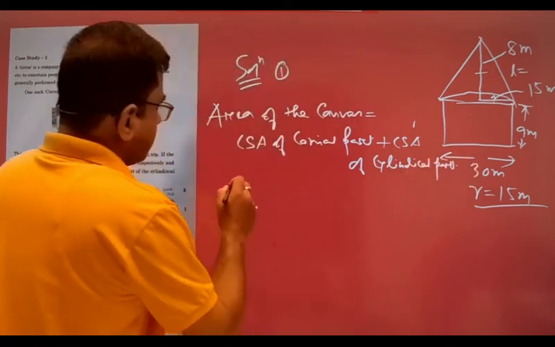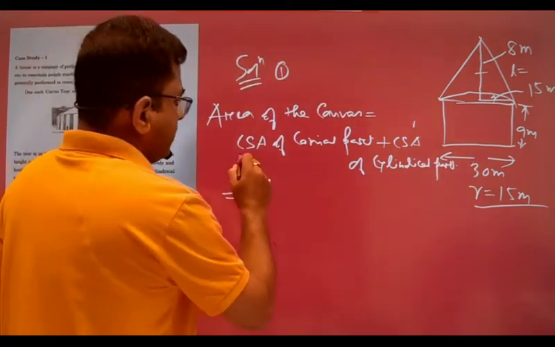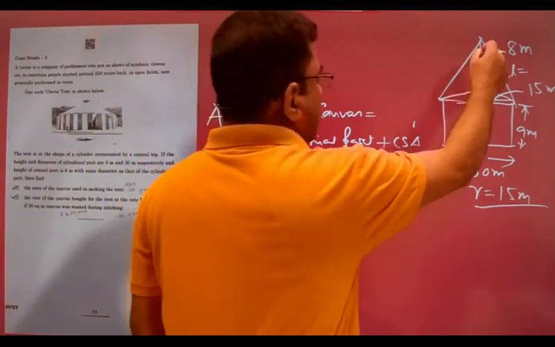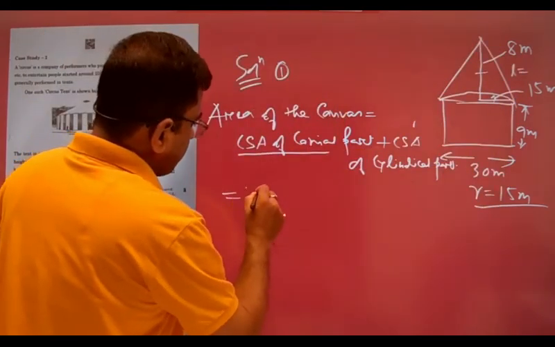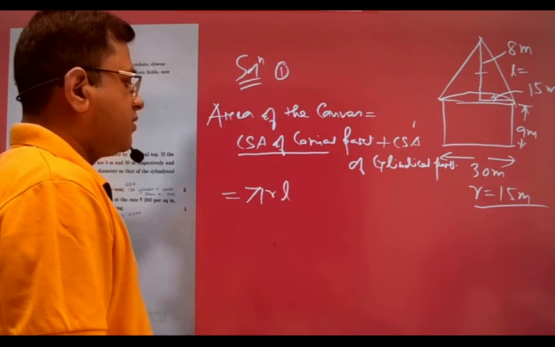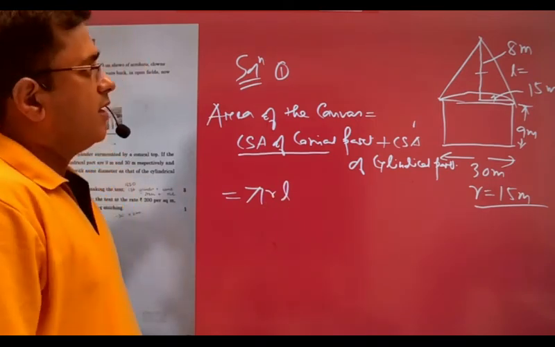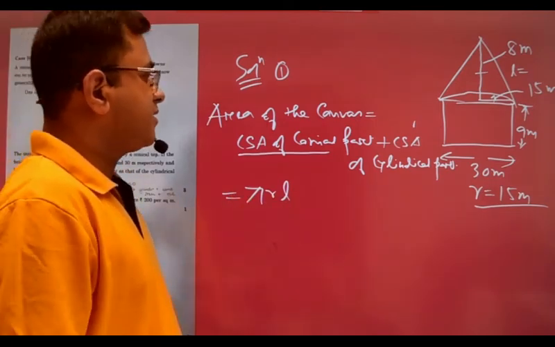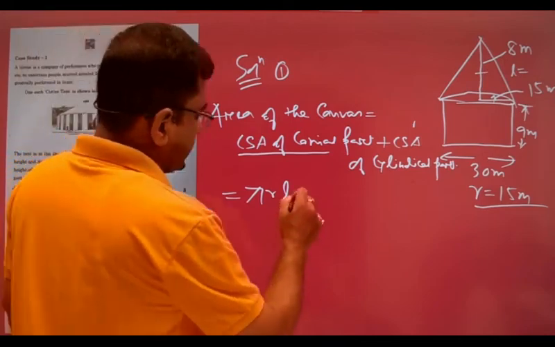Okay, so what will be the curved surface area of the conical part? It is equal to pi r L. L is the slant height. Here the slant height is not given, you need to find out the slant height.